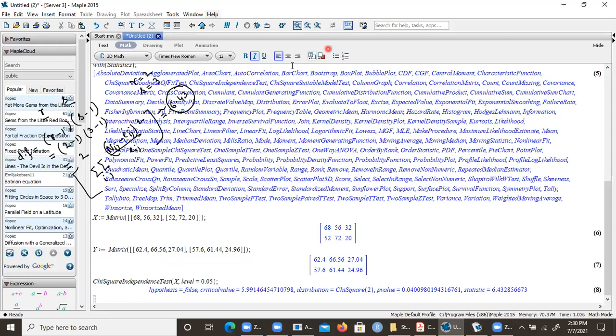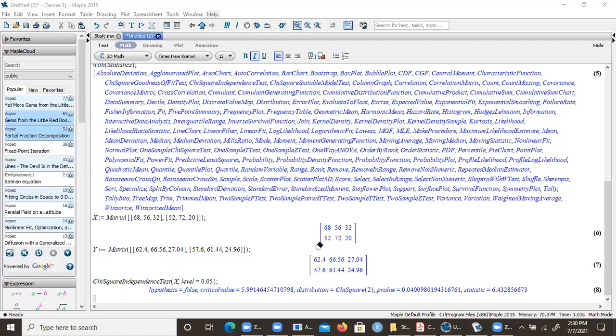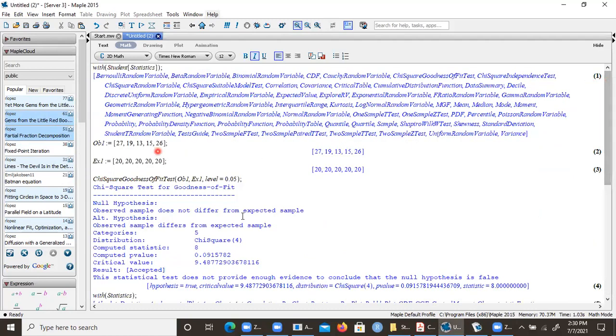Now you have to keep in mind, you can ask me one question: since this particular problem is the generalization of the earlier one, what will happen if I use the previous command of Maple to calculate this?